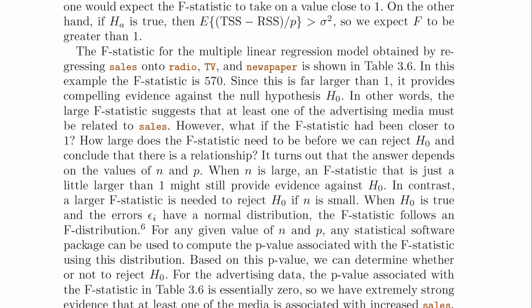This is where we would say we reject the null hypothesis. In other words, the large F statistic suggests that at least one of the advertising media must be related to sales. However, what if the F statistic had been closer to 1?